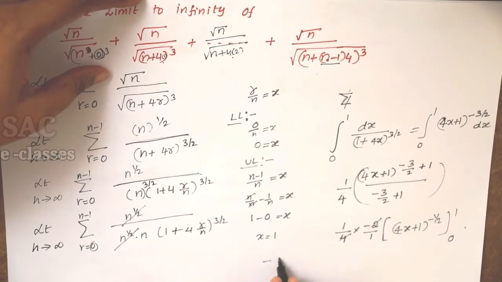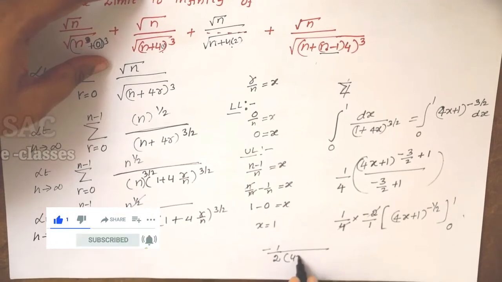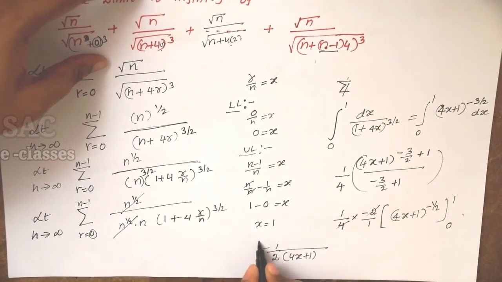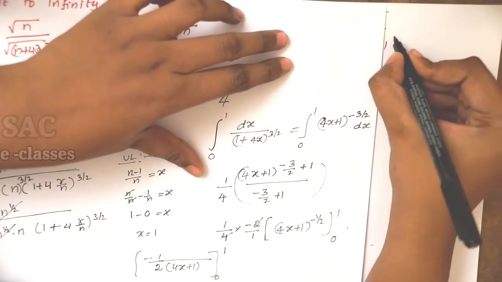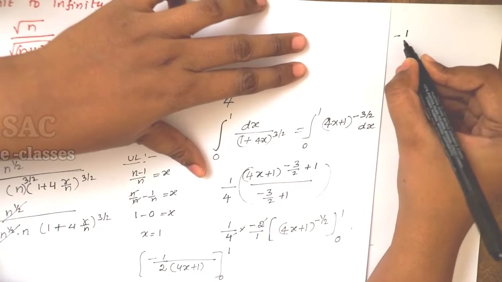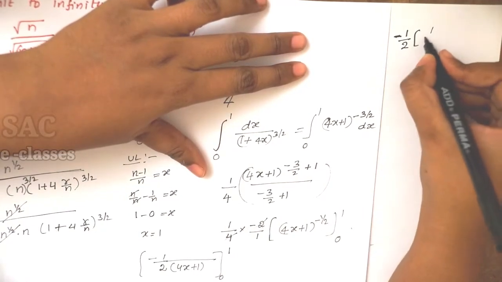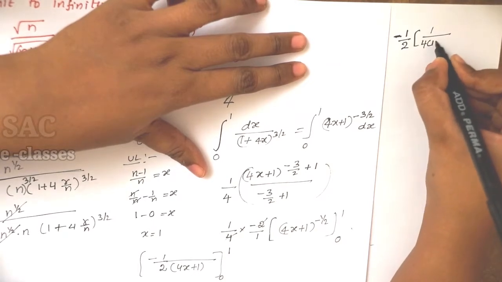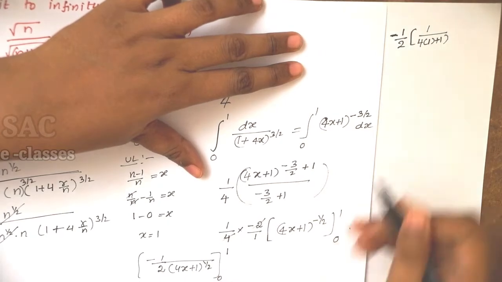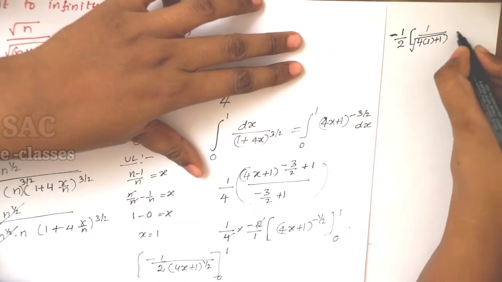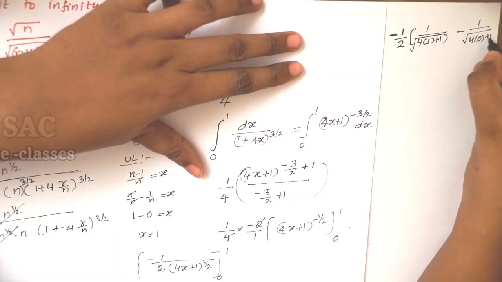Getting cancelled: minus 1 by 2 into root of (4x plus 1). Apply the limit 0 to 1. Now minus 1 by 2 into, applying the limit, 1 by root of (4 into 1 plus 1) minus 1 by root of (4 into 0 plus 1).